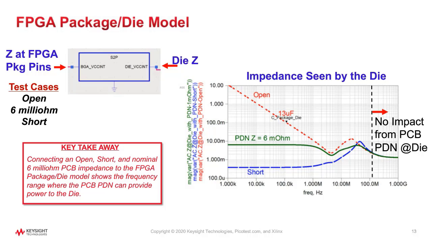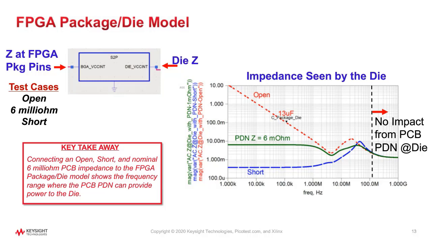To see how this model behaves, the package VCC power rail connection is connected to 3 different impedances: open, to see what the capacitance is internal to the package die model; a nominal 6 milliohms to represent the target impedance of the PCB connecting to the package die model; and a short to show what an ideal best case power supply does for the impedance seen at the die.